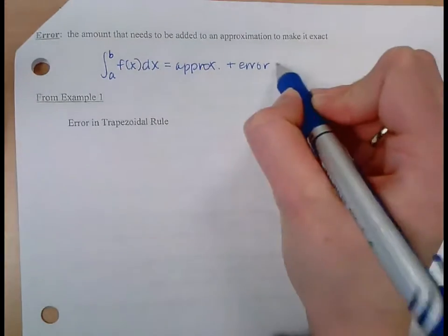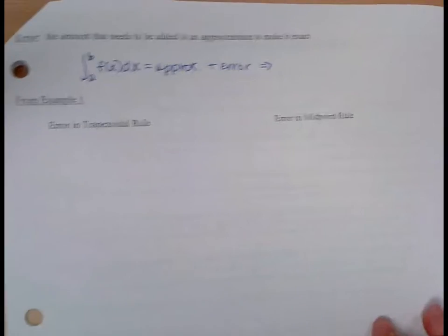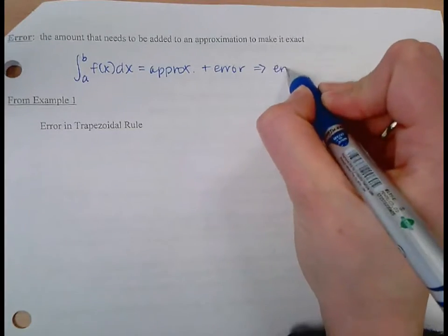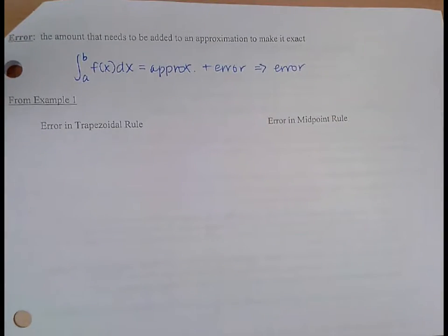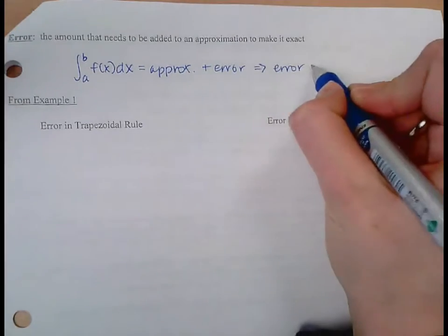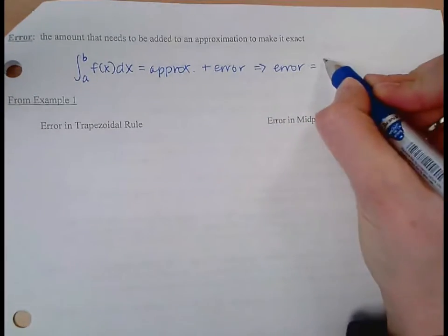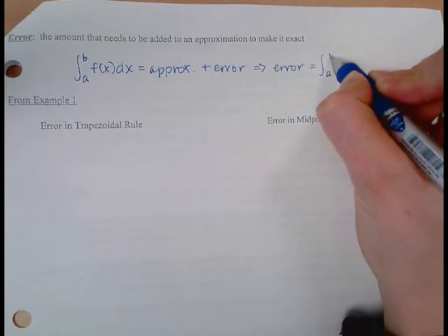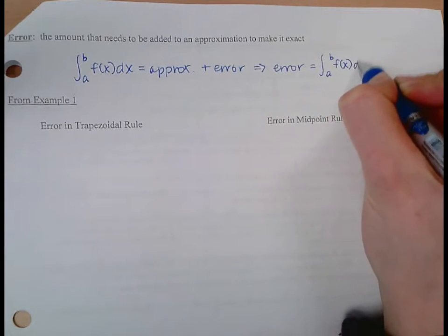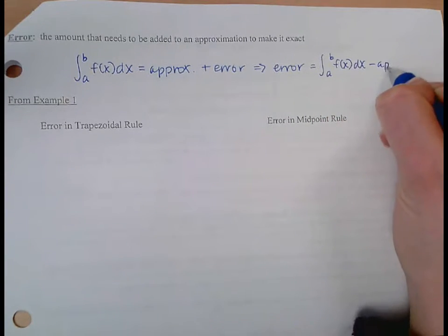So that means, to find the error for an approximation, if I solve this equation for the error, it would be the exact value, the integral, minus the approximation.